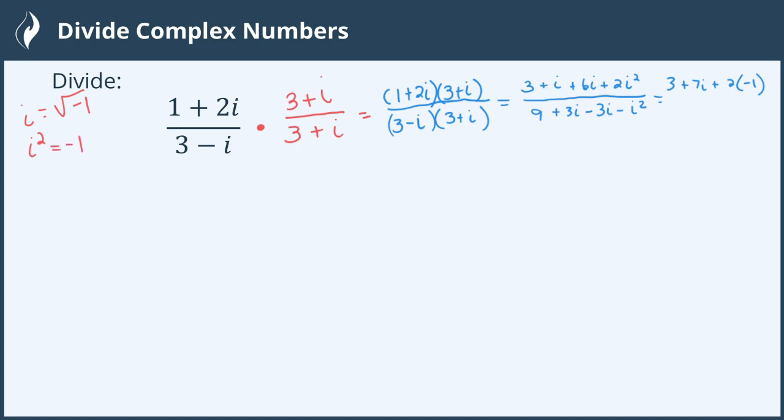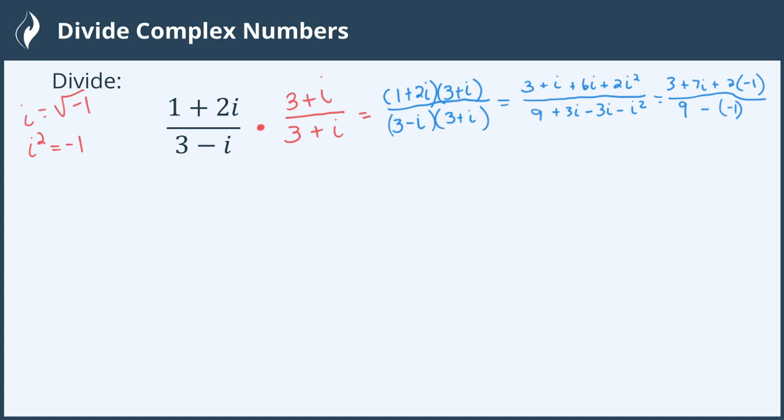That's why I'm substituting that in for i squared here. On the bottom, we have 9. Our 3i and our minus 3i cancel out, so we have 9 minus i squared, and remember, that's a -1.